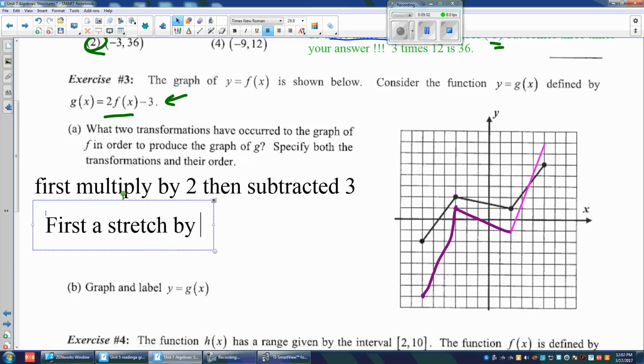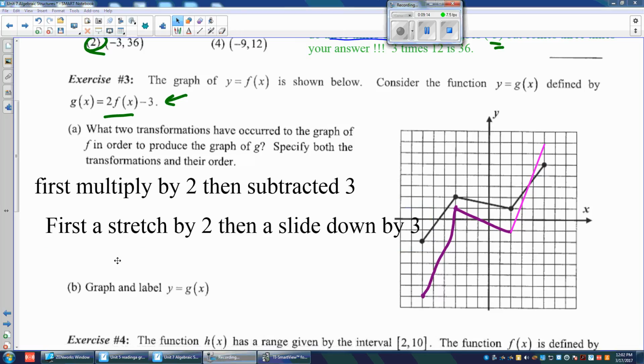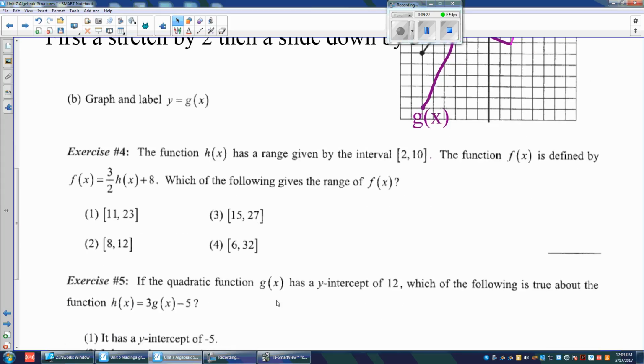So first a stretch by 2, then a slide down by 3. Graph and label them. So I have to label this as g of x. I labeled the other one as f of x. There's g of x. Okay. If you have any questions, make sure you ask me.